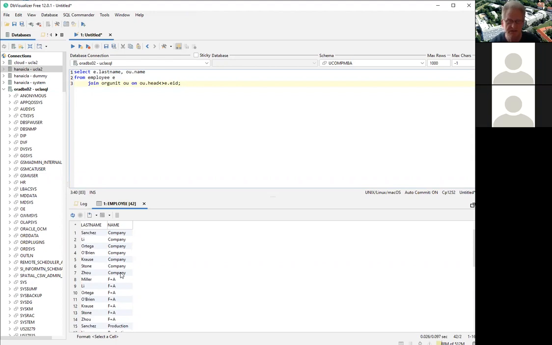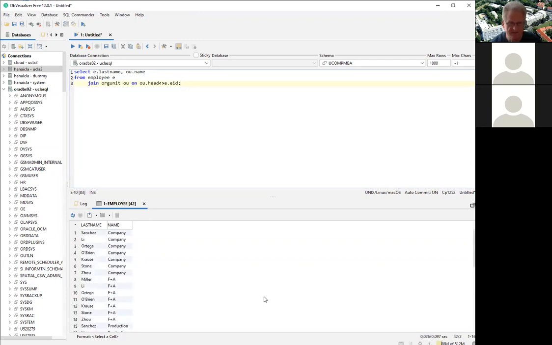So the head and the EID of that combination is the only one that doesn't satisfy the unequal. All others are satisfying the unequal. So for all heads we get 7 records, and for all non-heads we even get 8 records.